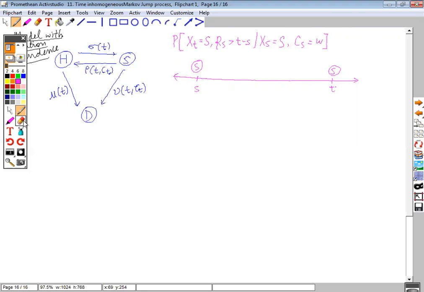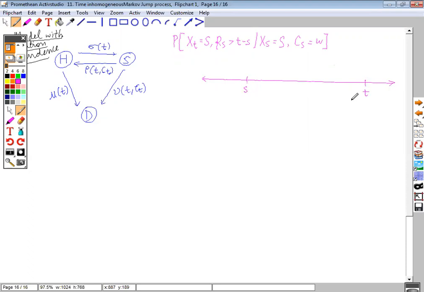Okay, so let me now draw the number line for you guys. If this is the probability that I tell you to calculate, can you tell me how my diagram should look? So let me just draw this here again. Okay, so let us say this is my S, and let us say this is my T here.